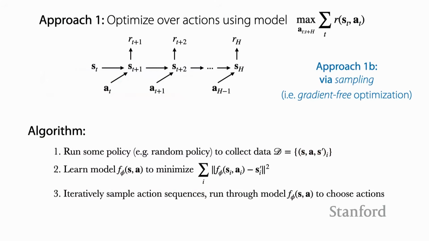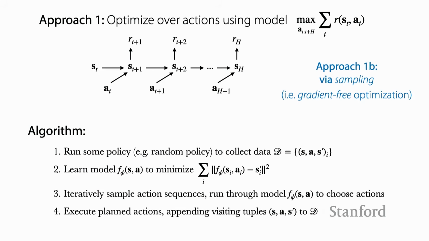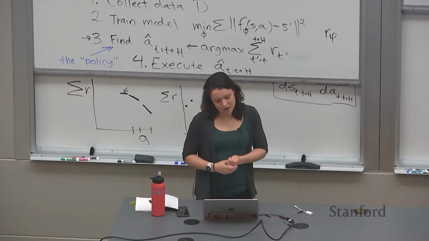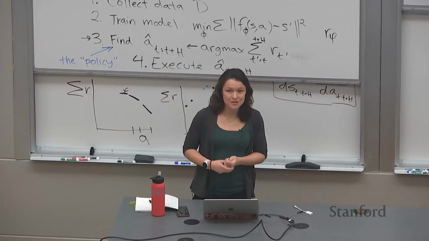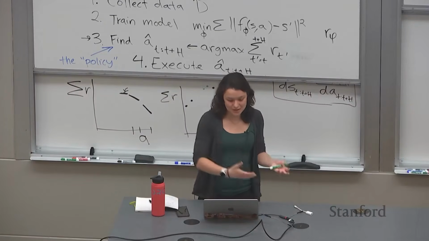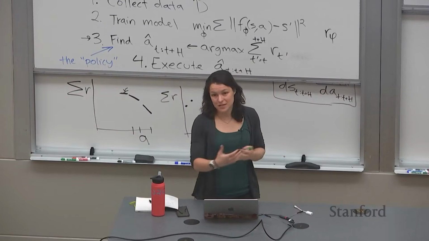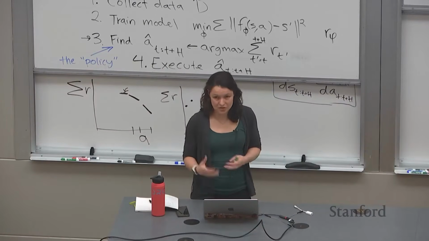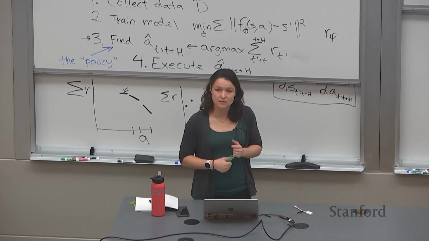When we execute actions in our environment, we can add that data to our data set, refit our model to that data set, learn a more accurate model, and repeat this process. And so this is starting to look a little bit more like a reinforcement learning algorithm, because we're iteratively collecting data, fitting a better model, in this case a dynamics model, choosing actions to execute, and running those actions in the environment.